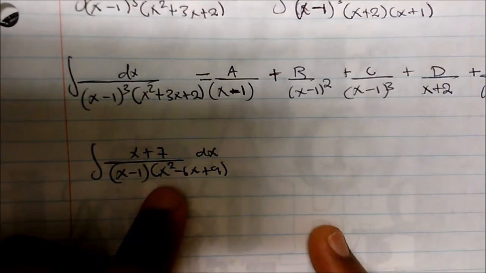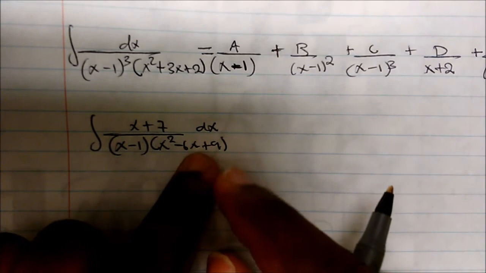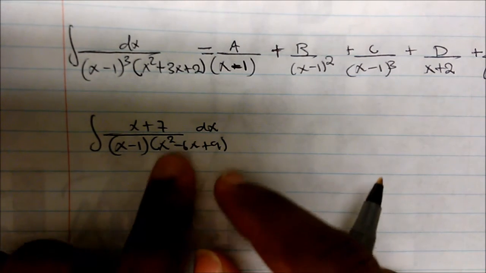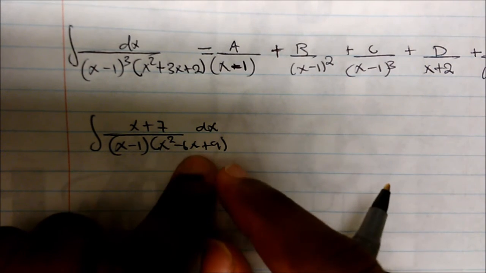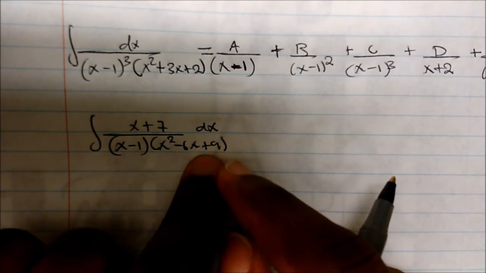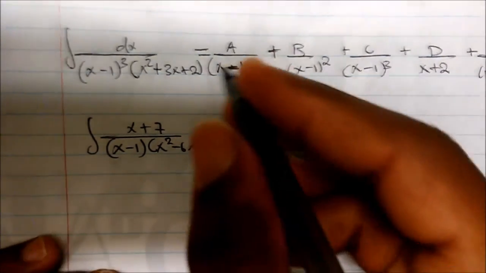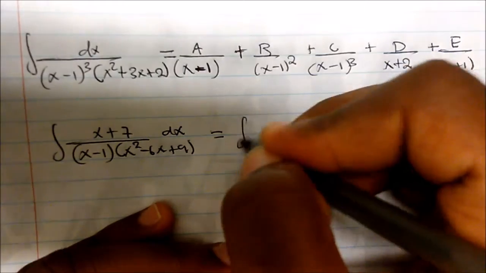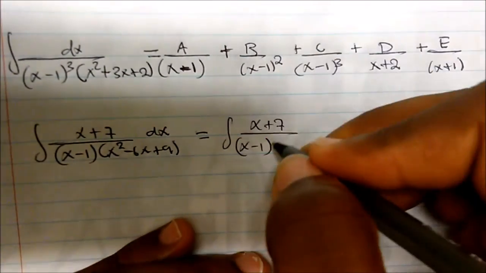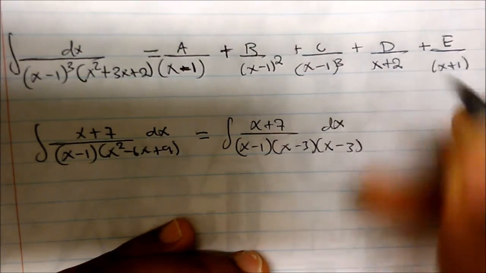Well, to me, this is factorable, right? x minus 3 and x minus 3. Because if I take negative 3 times negative 3, I get 9. If I add them, I get negative 6. And so this is equivalent to x plus 7 divided by x minus 1 times x minus 3 times x minus 3 dx.